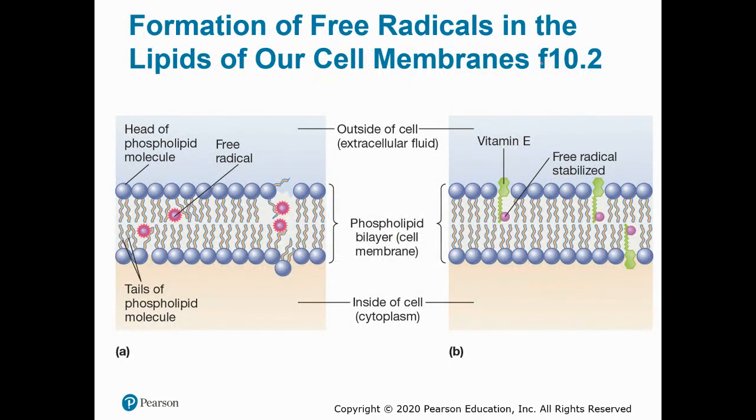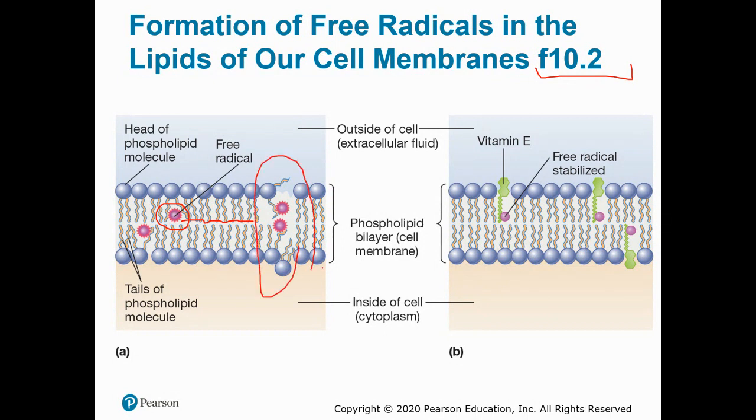So here is a schematic, a drawing of this free radical damage to the phospholipid molecules in the cell membrane. Again, this is figure 10.2 in your book. So here's this kind of telltale image of the free radical. And what we can assume here is that these free radicals are now damaging these phospholipids. There's actually several free radicals here, but what we would also see is this sort of cascade of free radical damage.